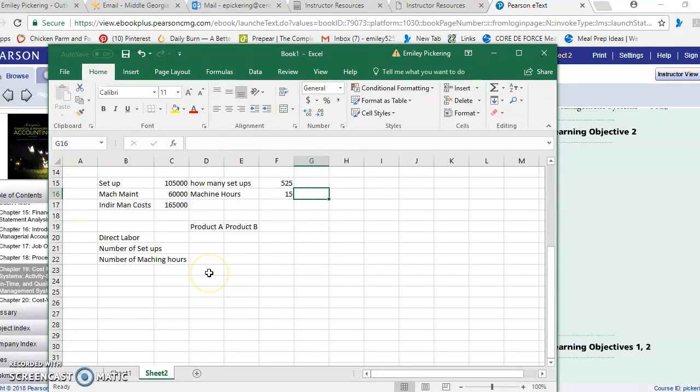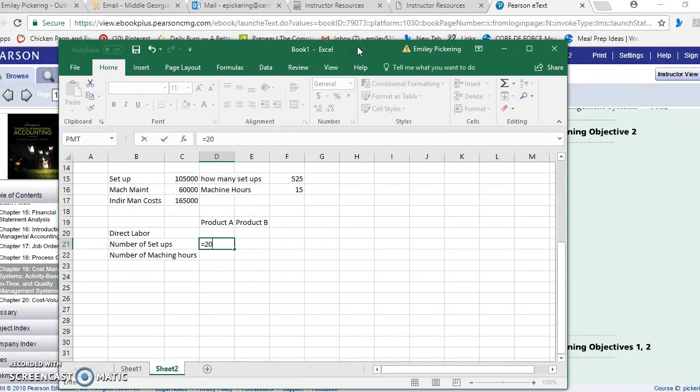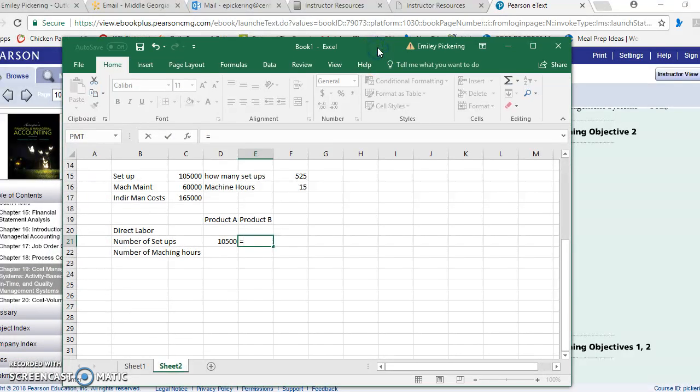Okay. So let's go ahead and apply that to each of our items. For product A, we have the setup costs. The number of setups for product A is 20 times our 525. And then for product B, we have 180 setups times our 525.